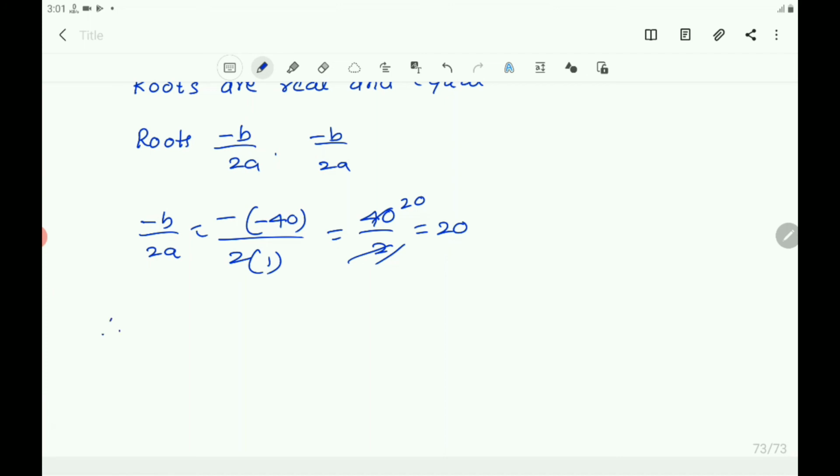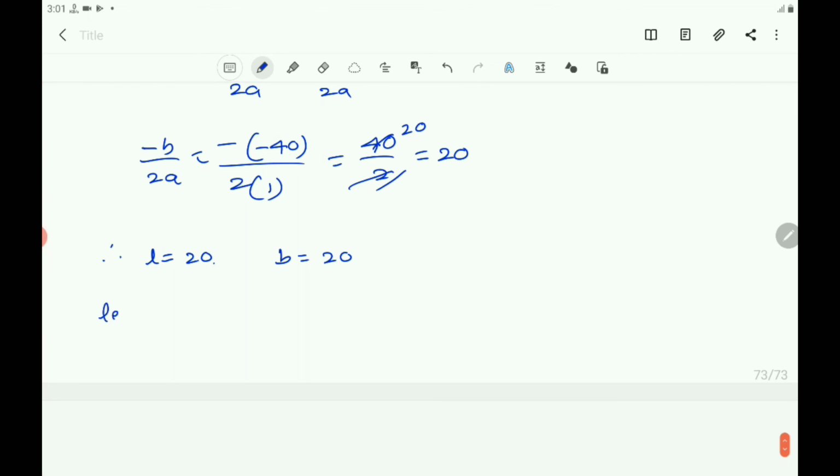Therefore the roots are 20 and 20. So you can say that L equals 20 and B also equals 20. The length and breadth are 20 m and 20 m.